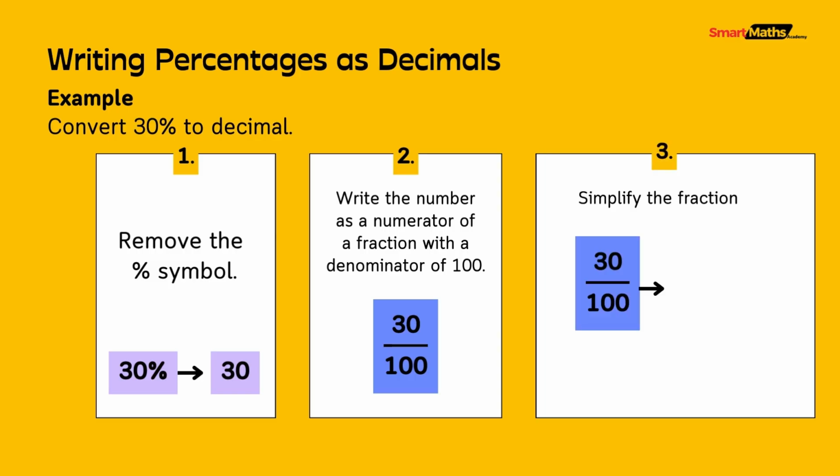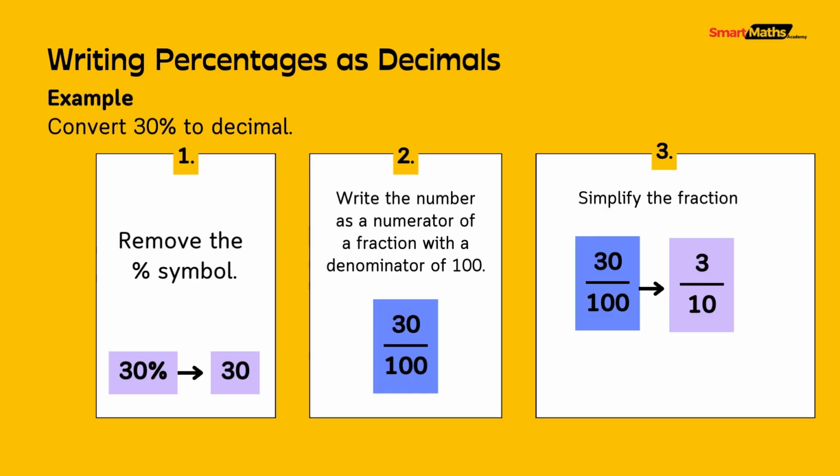The next stage is to simplify the fraction. We cancel one zero at the top and one zero at the bottom, and we're going to have 3 out of 10. So we'll have 3/10.